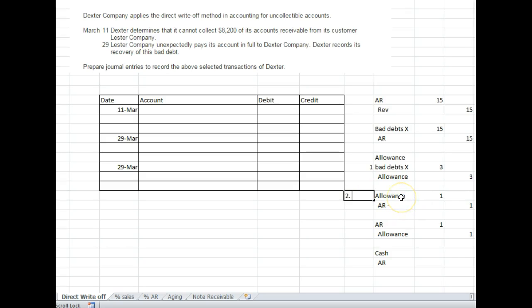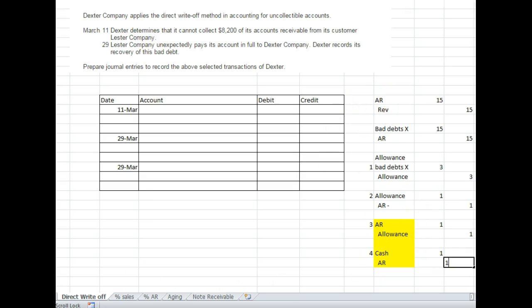Instead of doing the bad debts debit, you now do an allowance account debit. Entries 3 and 4, these two right here, are only used if they come back and pay that account, and then everything's been reversed. And this happens very seldom, but you still have to know the procedure to do it.